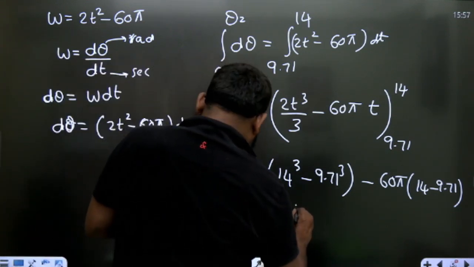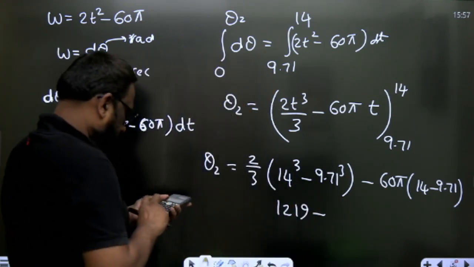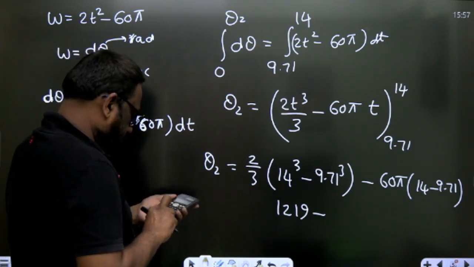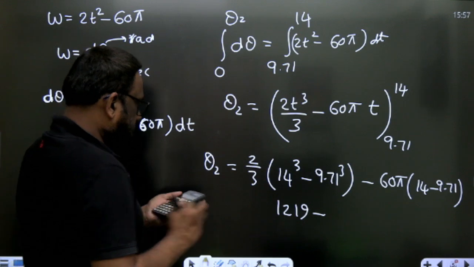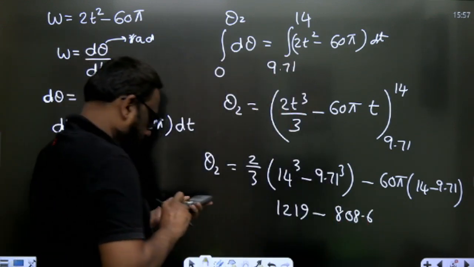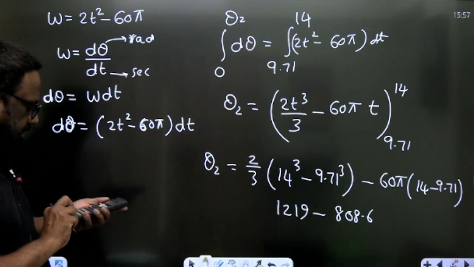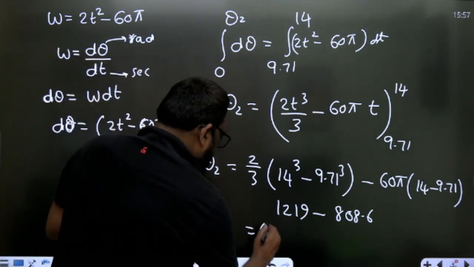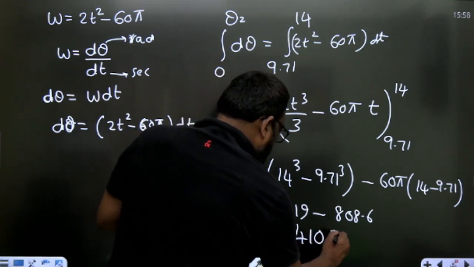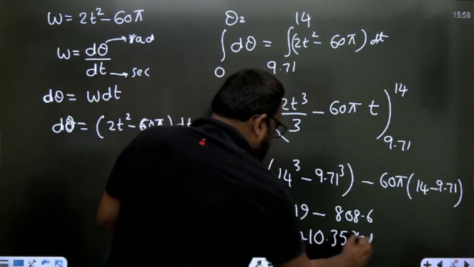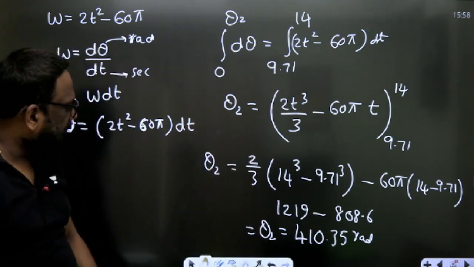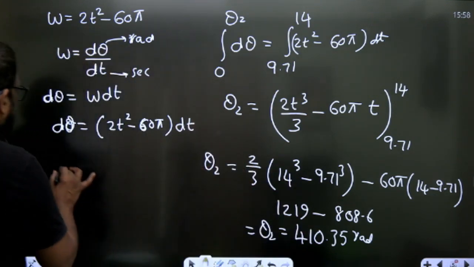This is 1219 minus 14 minus 9.71 into 60π, this is 8.6, so 1219, ये आ रहा है 410.35. Theta is in radian. Yes, I got positive. This is all anti-clockwise rotations, but I have to convert from radian to rotation.